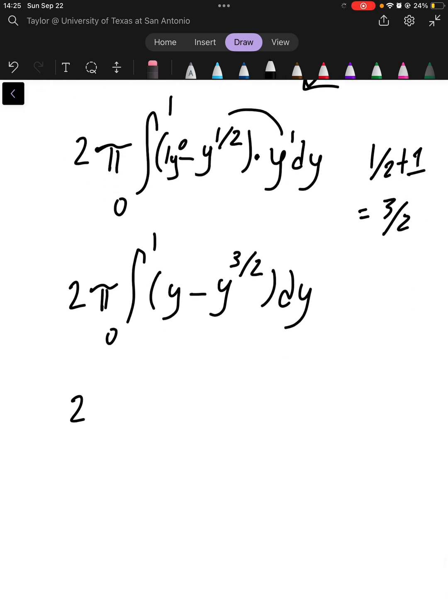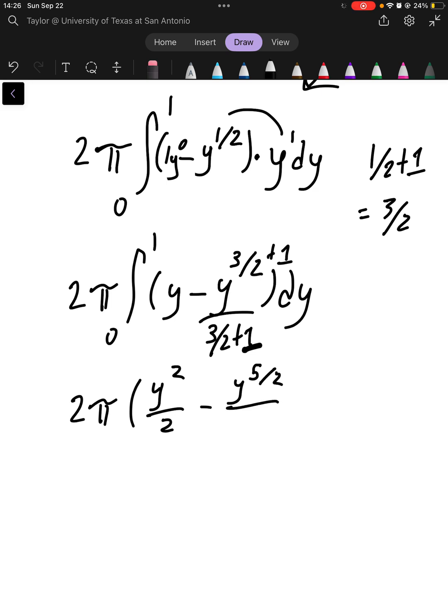So we get 2 pi times y squared over 2 minus y to the 3/2 plus 1 over 3/2 plus 1, which gives us y to the 5/2 over 5/2, which gives us 2/5 y to the 5/2 on the bounds from 0 to 1.